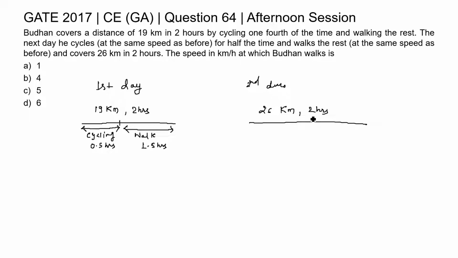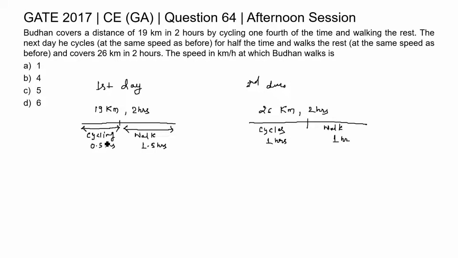Half the time is 2 by 2, and half of 2 is 1 hour. So he cycles for 1 hour and the rest, 2 minus 1, that is 1 hour, by walking. By walking, 1 hour. Now we need to find the speed at which Buddhan walks.